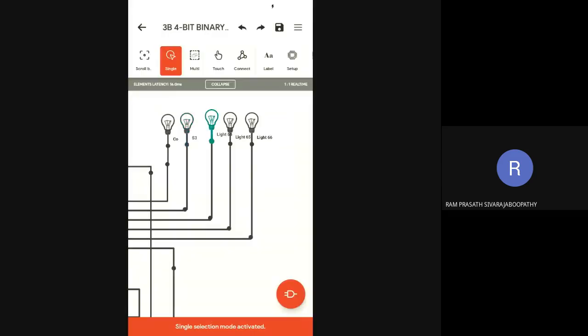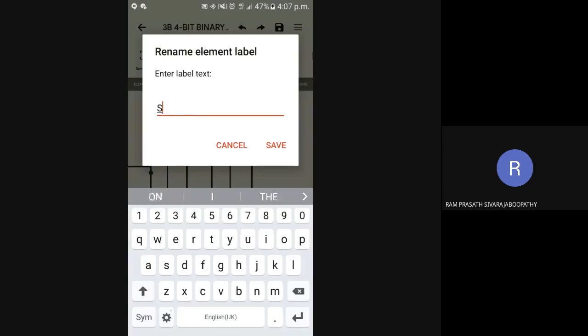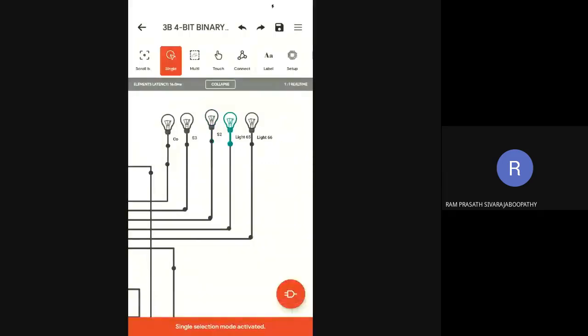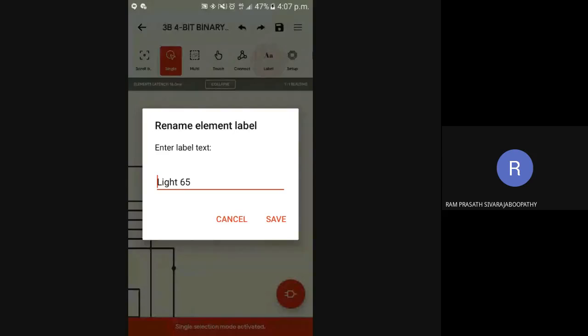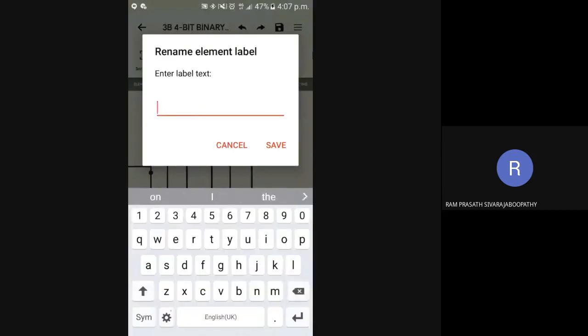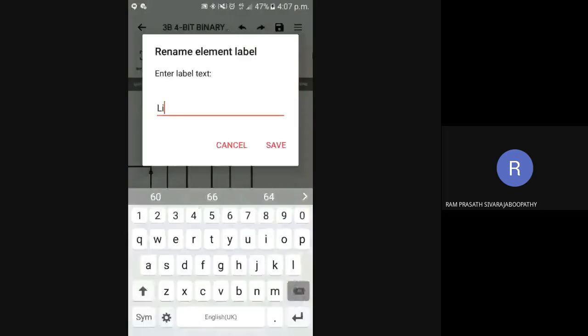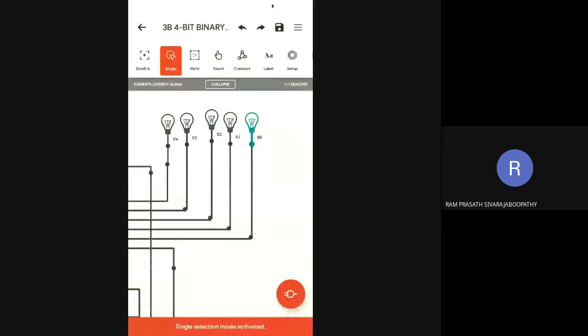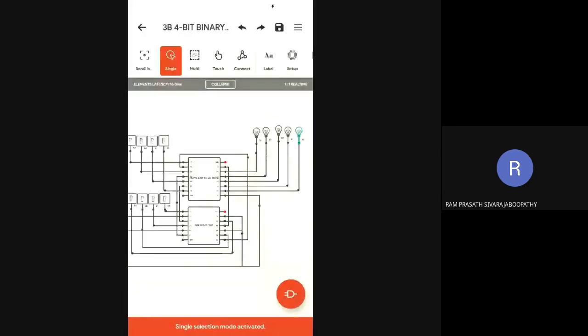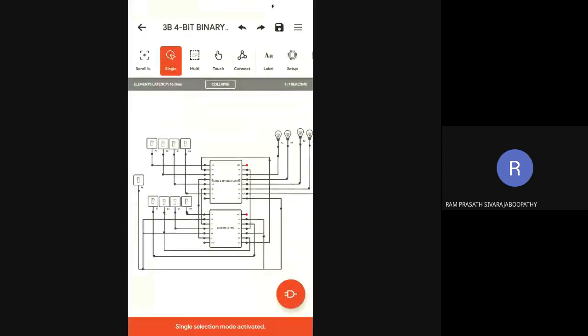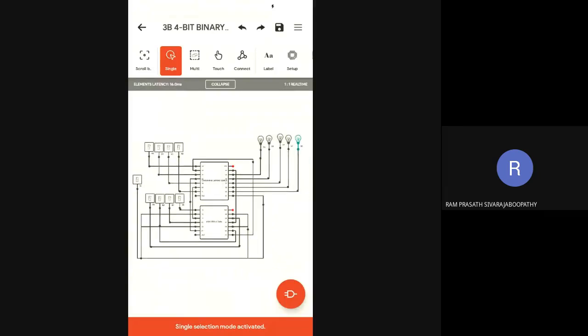This one is S2. This one. And last one is S0. That's it. So now the circuit connections are over. So for performing addition, so initial carry, that means M.